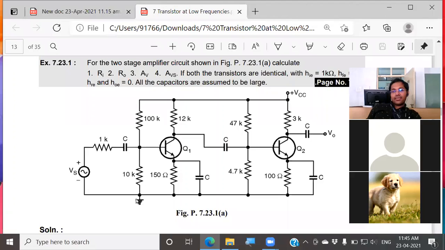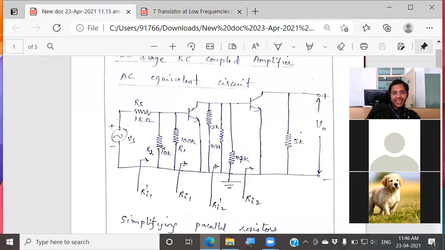Series or parallel? Whenever we have two resistors with the same starting points and the same ending points, they are in parallel. So for the AC equivalent, this resistance 10K will be as it is.